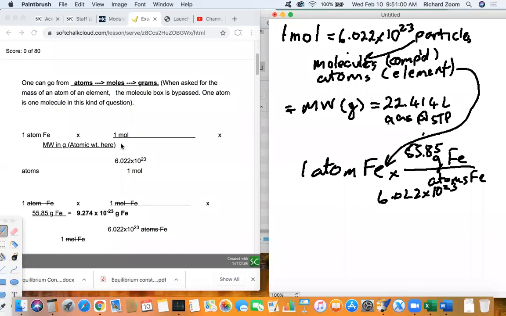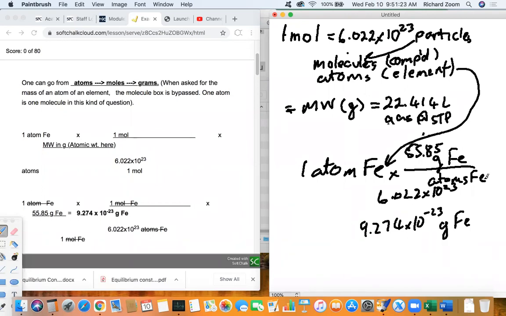And this comes out to be 9.274 times 10 to the negative 23 grams of Fe. So that's pretty small, which is what we expect because it's an atom we're talking about here, and atoms don't weigh very much.